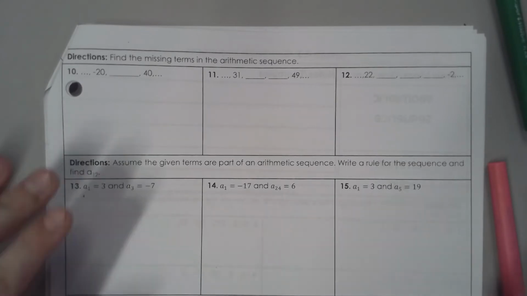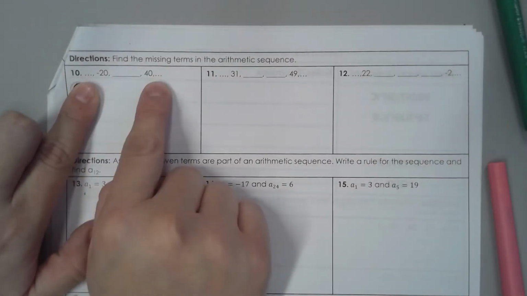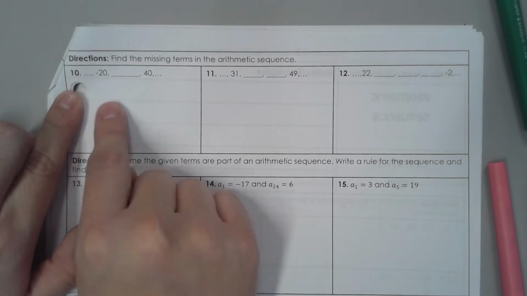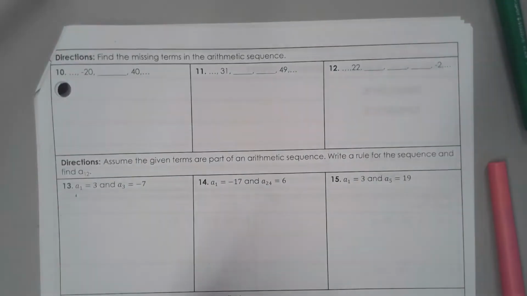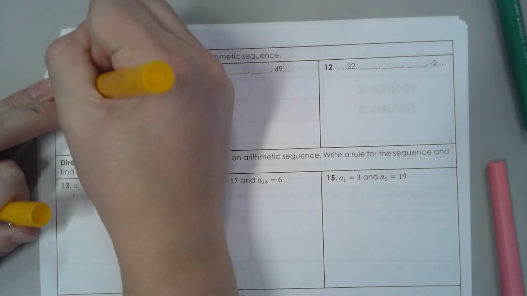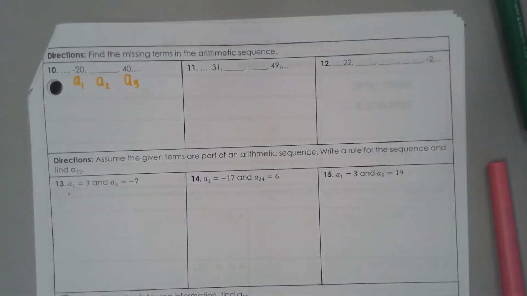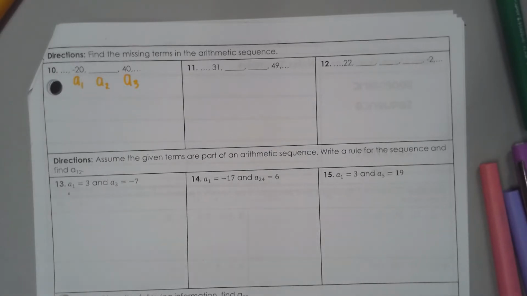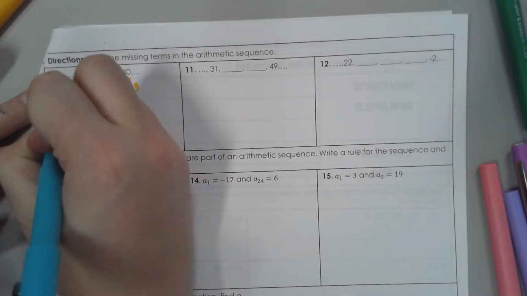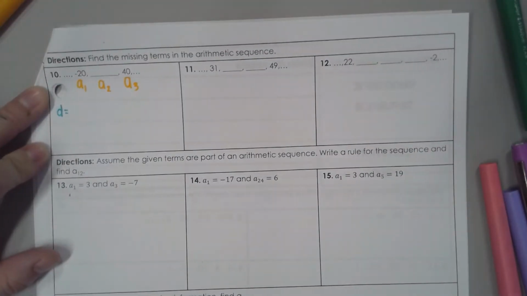So these are just 3 random terms in the sequence. It does not matter which 3. So let's just say this is A1, A2, and A3. I could pick any 3 consecutive numbers, A7, A8, A9. It would come out the same. To find the common difference, it looks a little bit like slope.